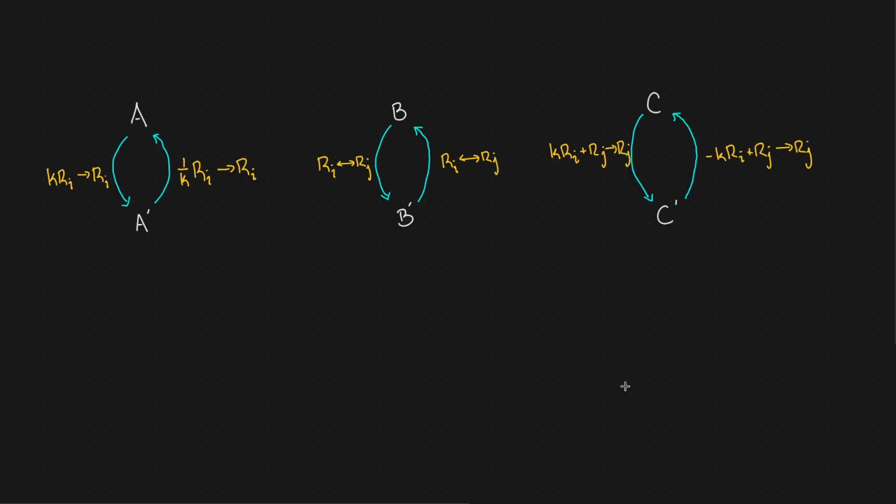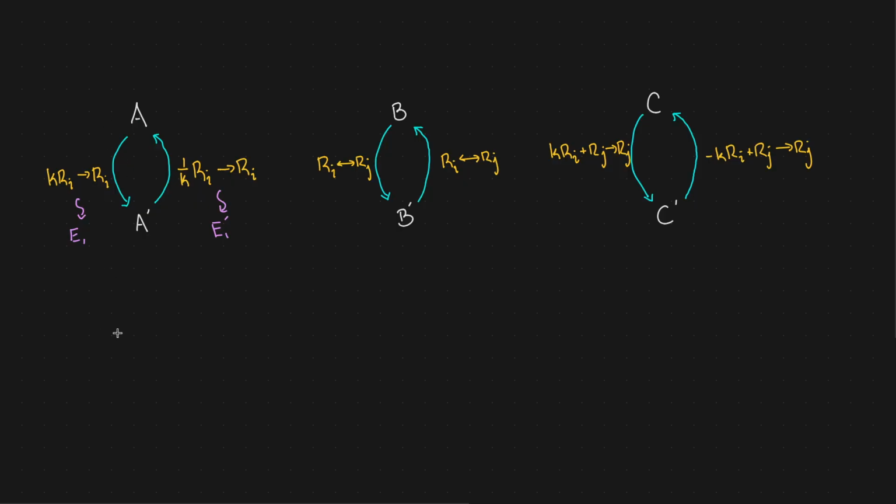All right? So what does this mean for elementary matrices? So let's say this corresponds to elementary matrix E1, and let's say this corresponds to elementary matrix E1 prime. Okay?